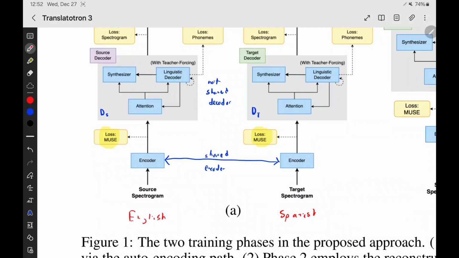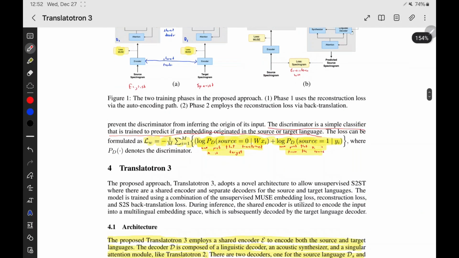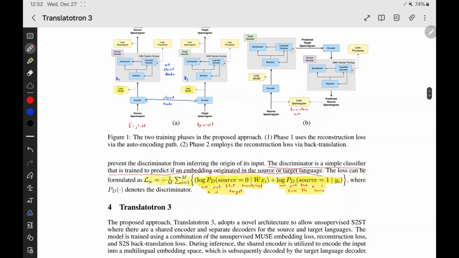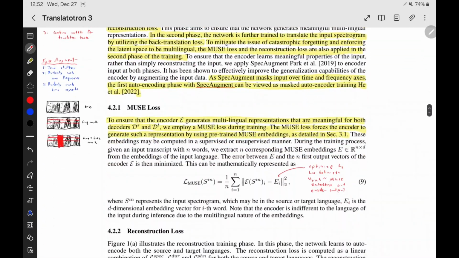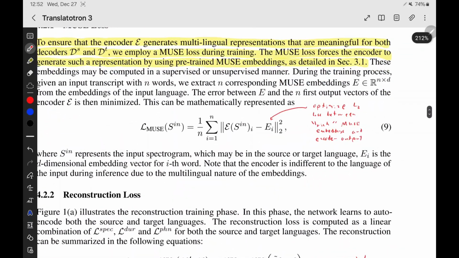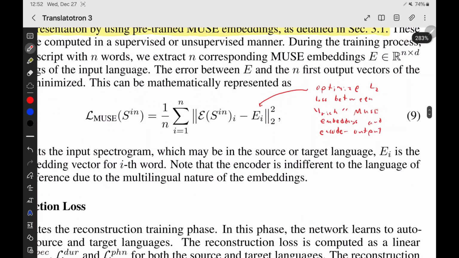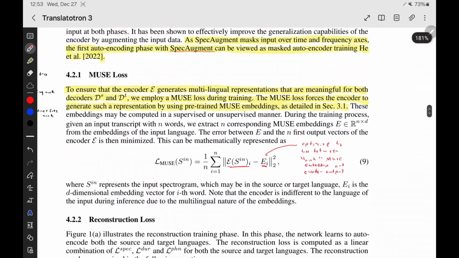Now this Muse loss is introduced here, and basically, assuming you have an optimal W, you've trained your Muse W matrix, you have this Muse loss here. And the Muse loss is basically just an L2 loss between the output of the encoder and the Muse embedding right here. And you just do that for some n.